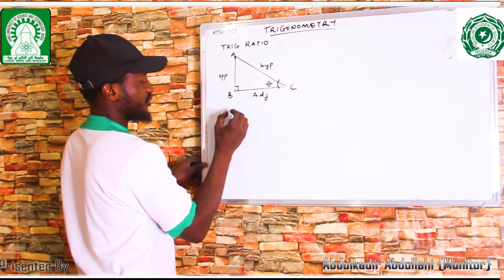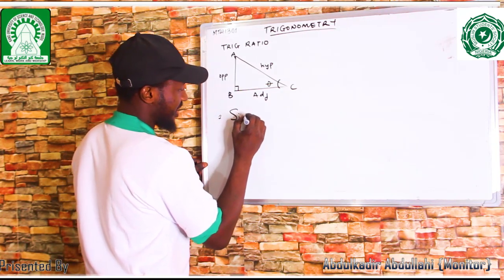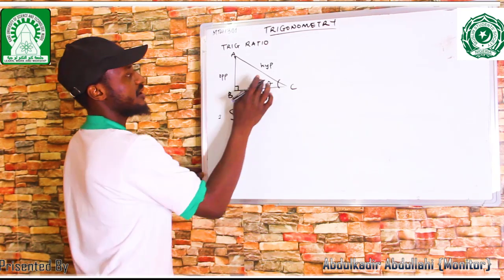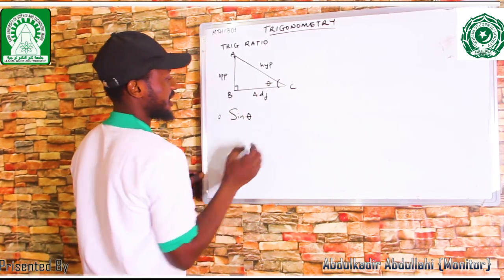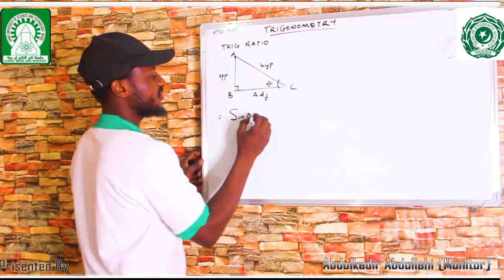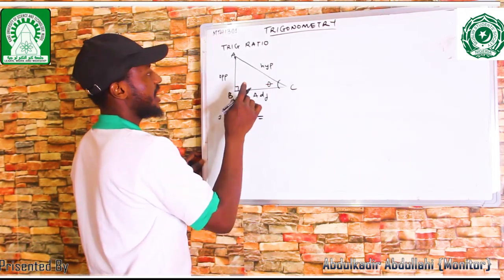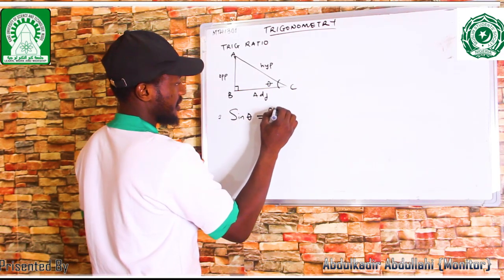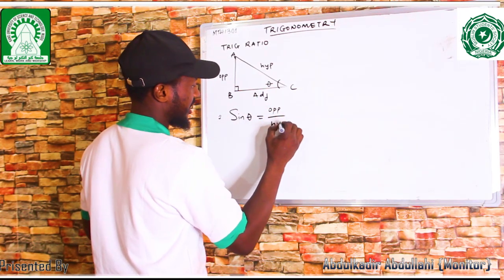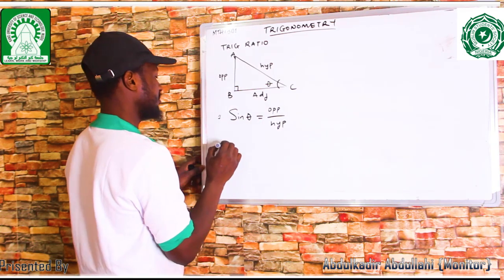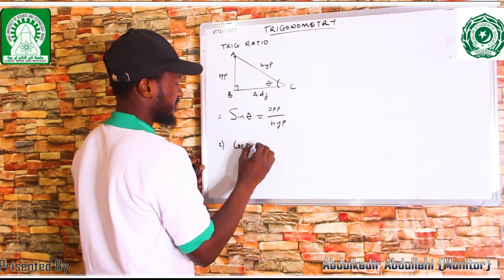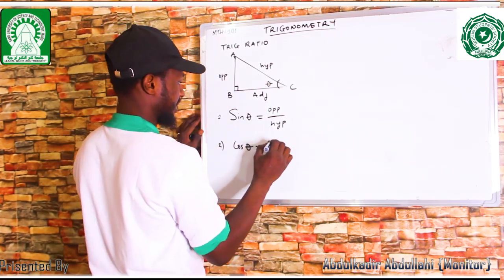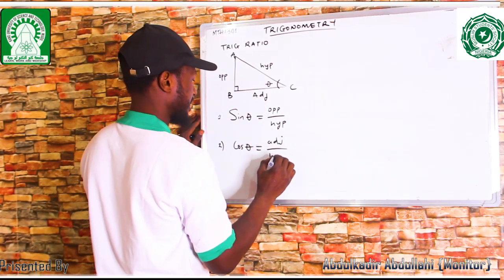The first one is what we call sine, written in short form as sin. Sine theta is always given as opposite over hypotenuse. Number 2, cos theta is given as adjacent over hypotenuse.